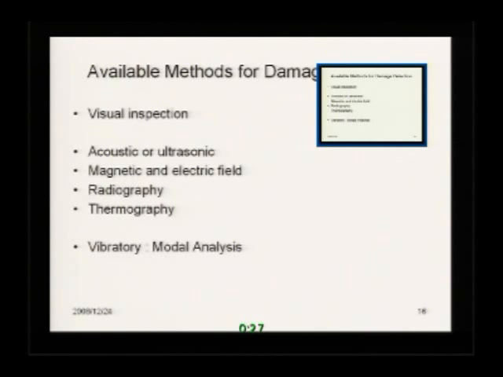That test consists of loading. They have a big truck loaded with water or concrete and drive it on the bridge, and they mostly use strain gauges to see how much the bridge deforms.